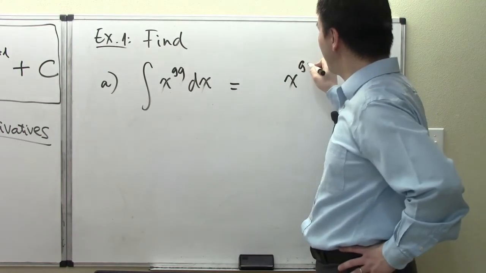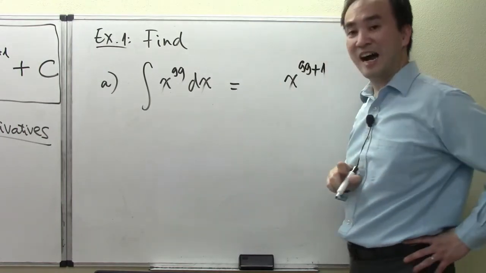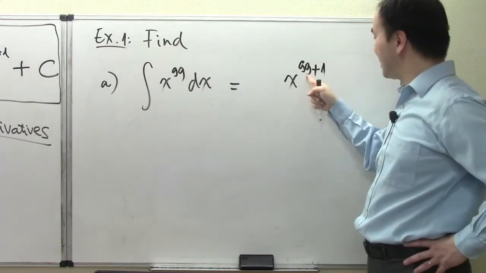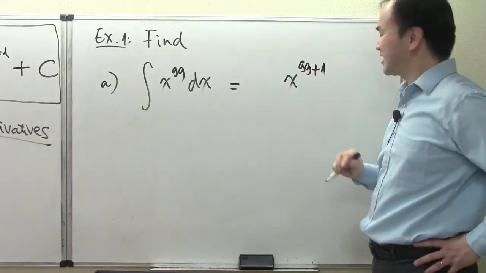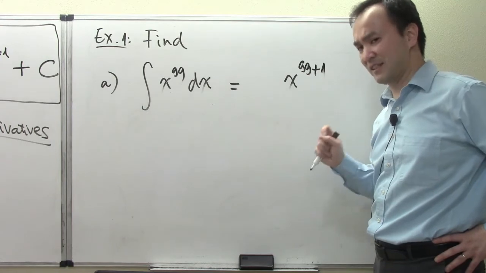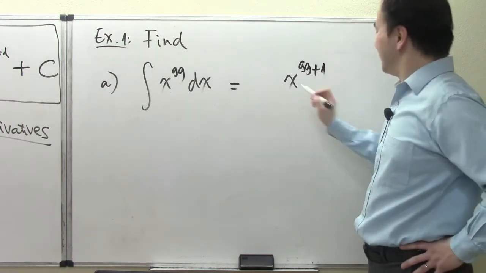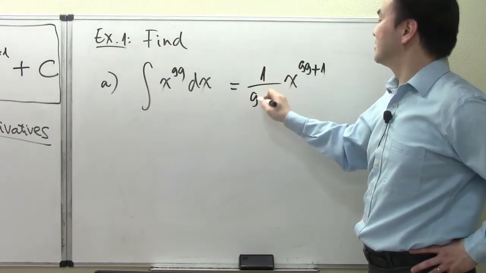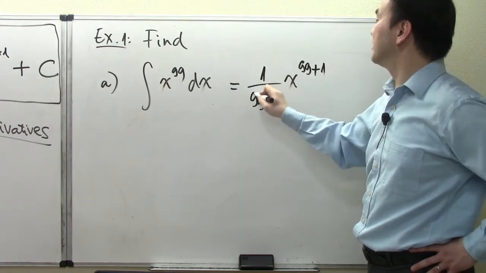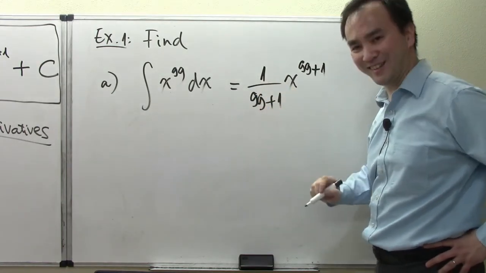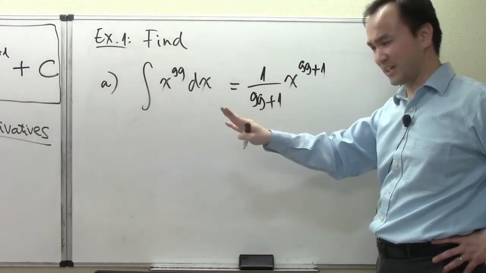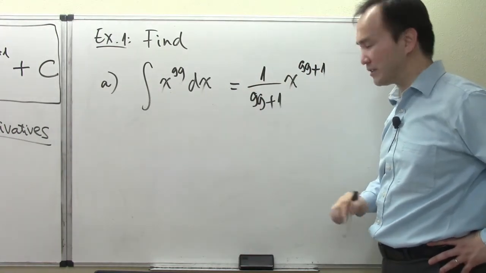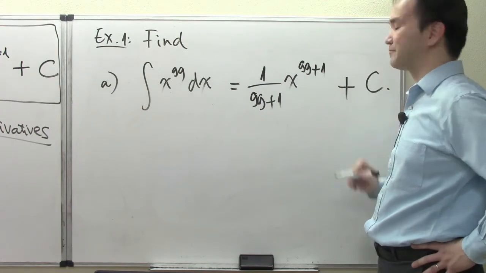For starters, I highly recommend doing this, 99 plus 1. It seems ridiculous right now, but I have a good reason for doing that. So 1 over 99 plus 1. I copy the power rule verbatim there. And don't forget, plus c.